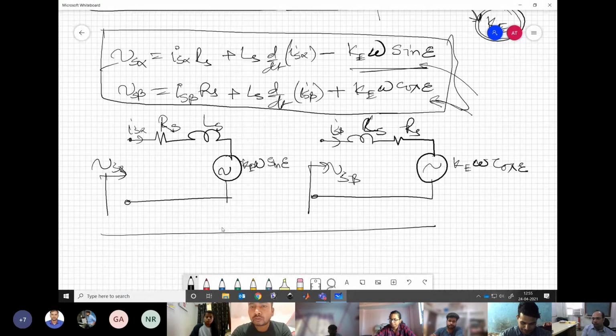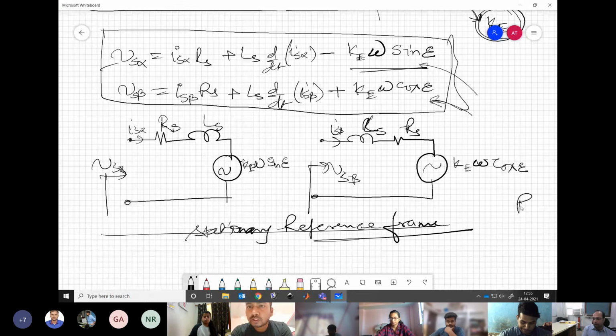So we have modeled our PMSM in the stationary reference frame. Equivalent circuit we have drawn. This is the per phase equivalent circuit.